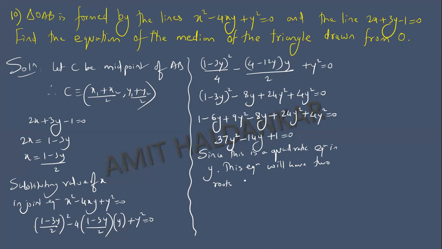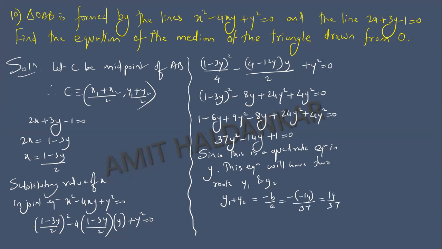So let's say two roots y1 and y2. Now I use the concept of sum of the roots and product of the roots. So the sum of the roots y1 plus y2 is minus b upon a, which is minus of minus 14 upon 37, which is 14 by 37.